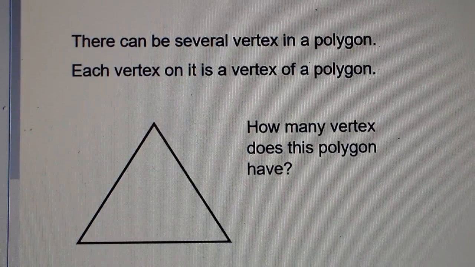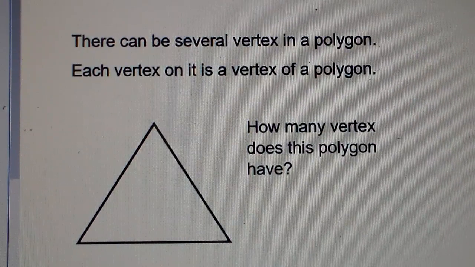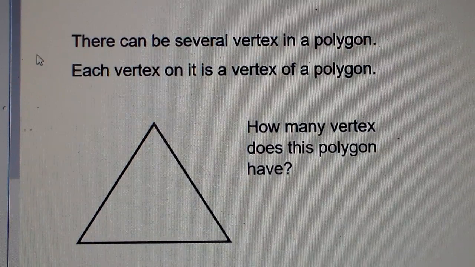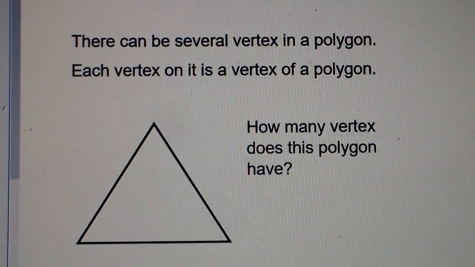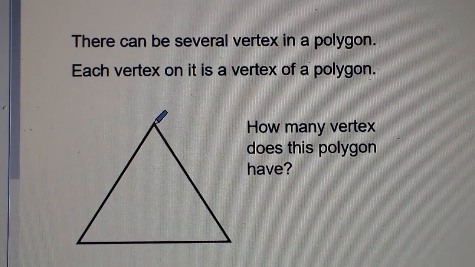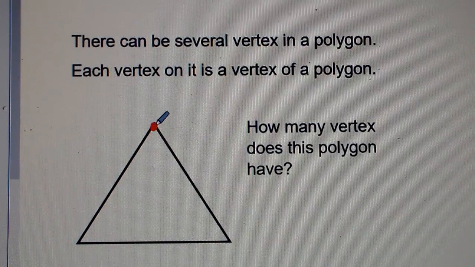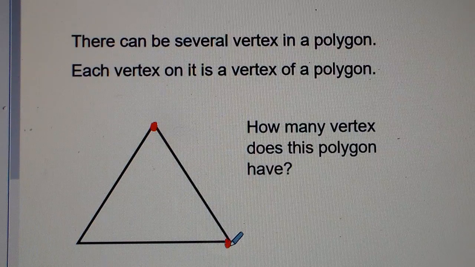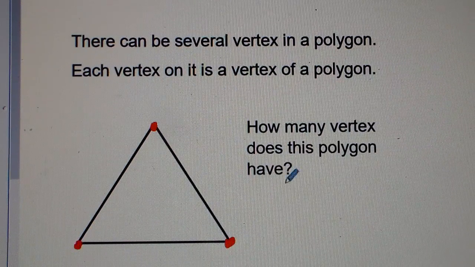There can be several vertices in a polygon. To identify vertices, vertices are the points at which two line segments meet. So that little red dot's a vertex, this little red dot's a vertex, and this one is a vertex. How many vertices are there total?